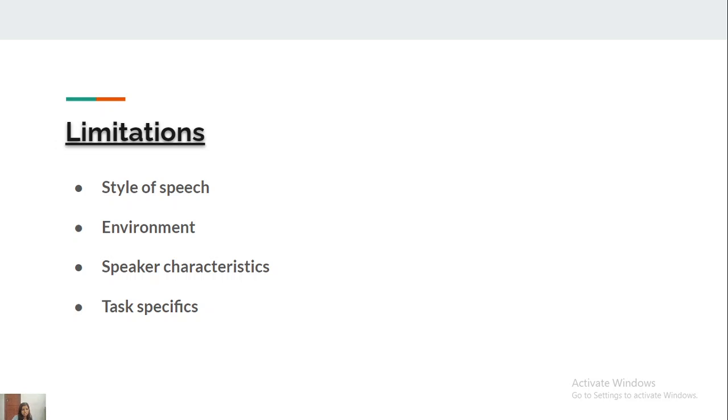Finally, task specifics. There are a lot of task constraint specifics, like the number of words in the vocabulary you are trying to recognize. For example, in case of voice search applications, they are actually looking at million-word vocabularies.